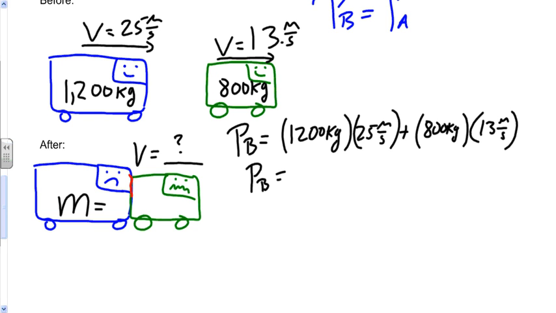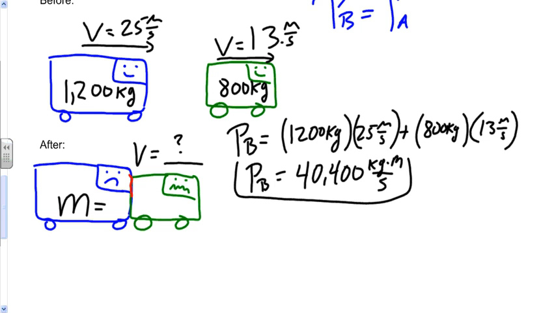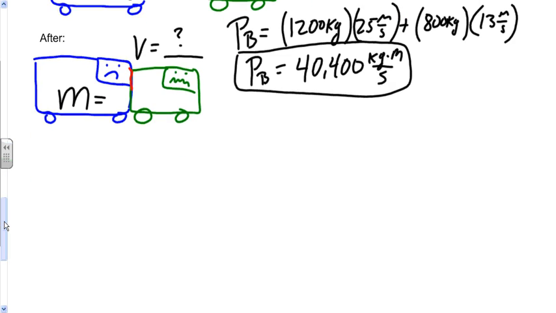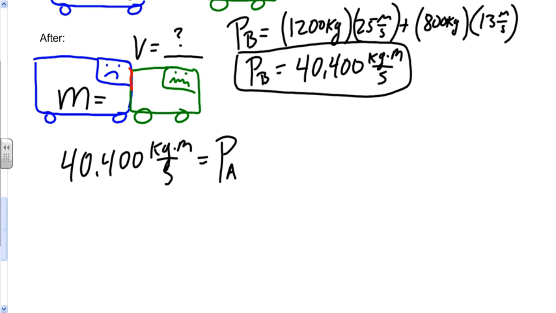And when you're all said and done, you should get a momentum before of 40,400 kilogram meters per second. Now, I'm going to set that equal to the momentum afterwards because we know the 40,400 kilogram meters per second has to equal the momentum afterwards. That's our law of conservation of momentum.